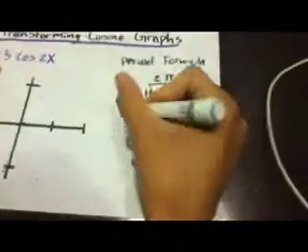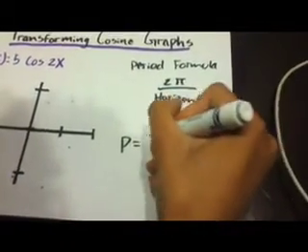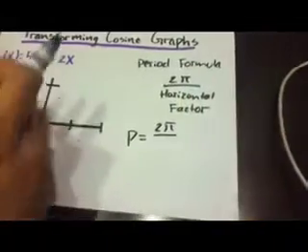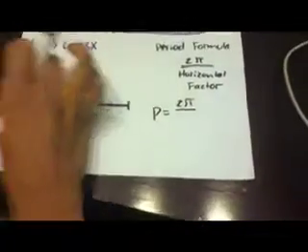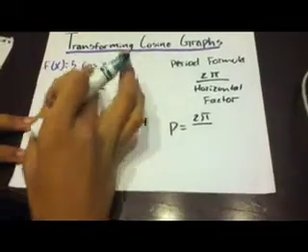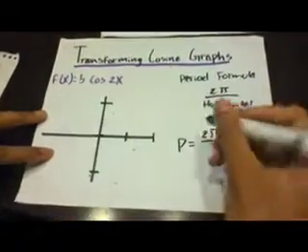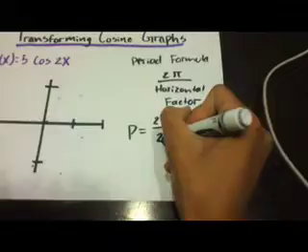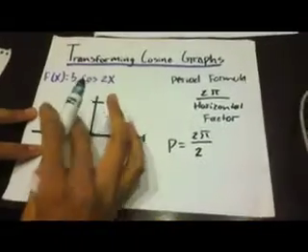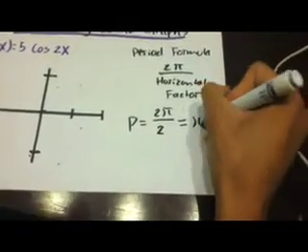Since we know that, we can find the period, P equals 2 pi over the horizontal factor, which in this case is going to be 2x. Because see how I told you before, in front of it is vertical, behind it is the horizontal change. Here it is 2. So it's going to be 2 pi over 2, which is just going to be pi.